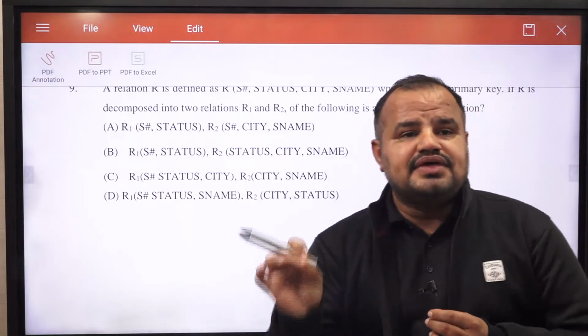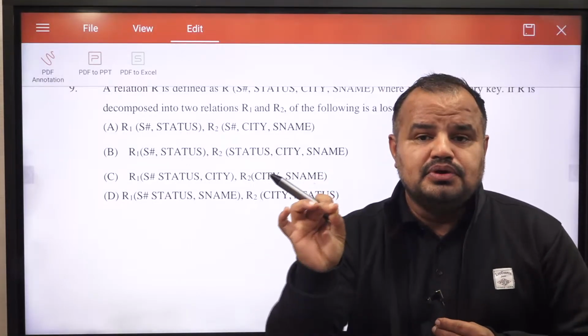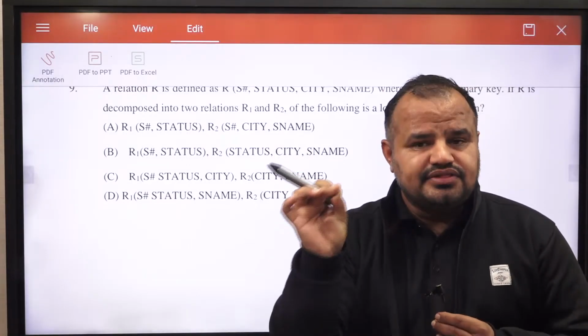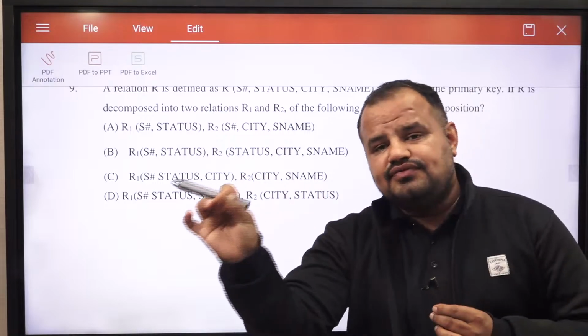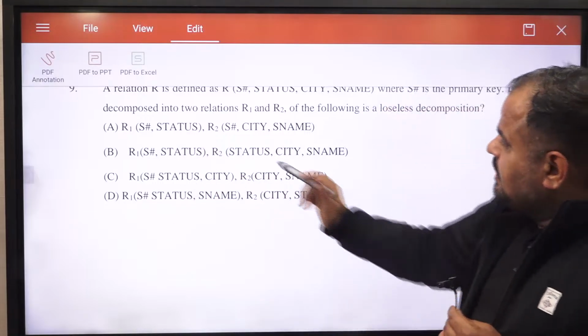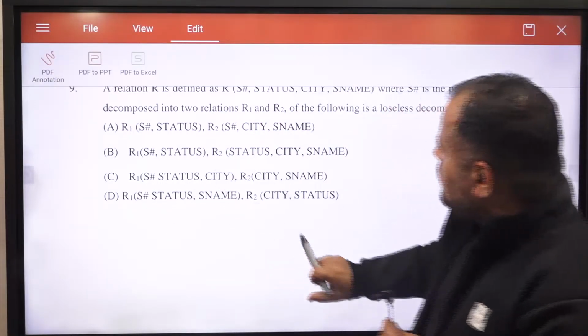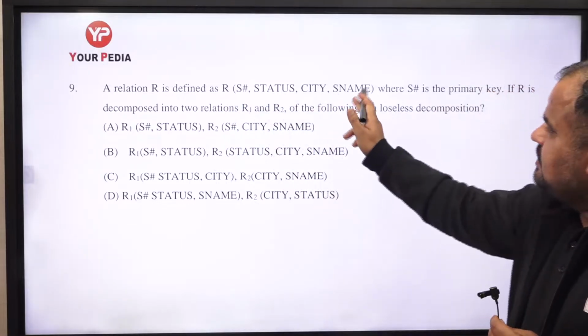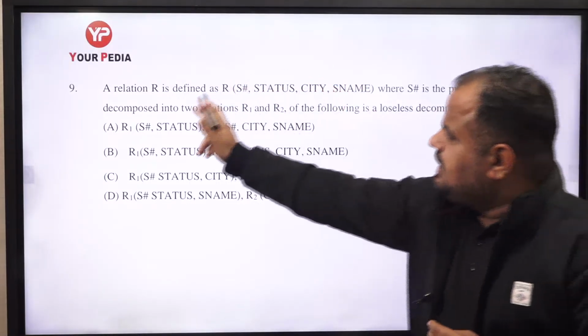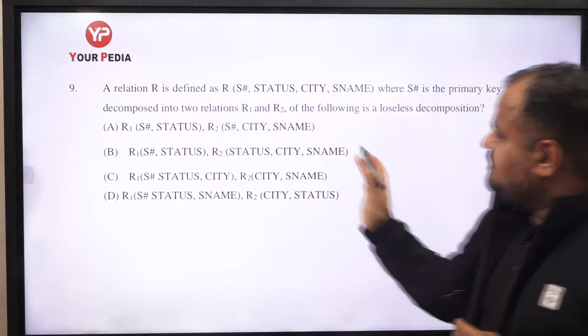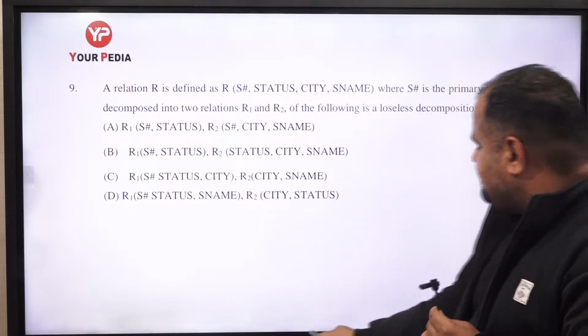But keep in mind, the second point is that the common attribute should be the key of either subrelation. Now if you are trying to decompose this relation into 2 subrelations, S hash is the primary key.